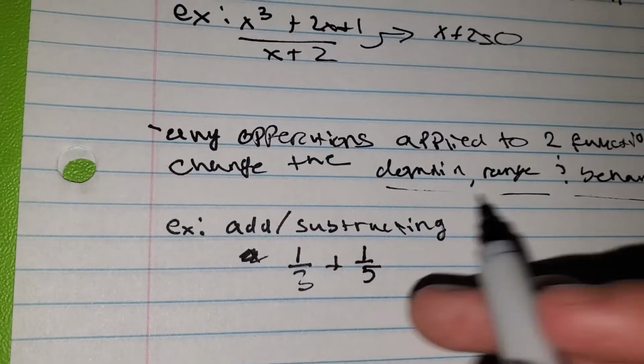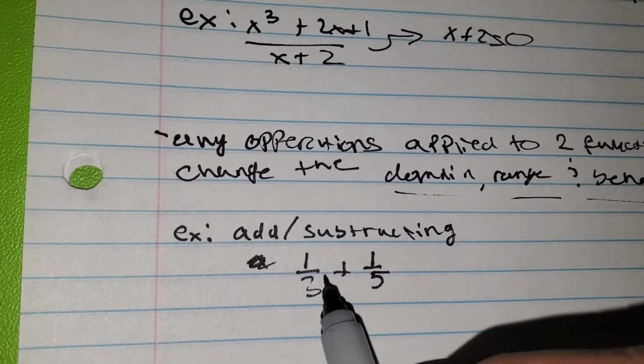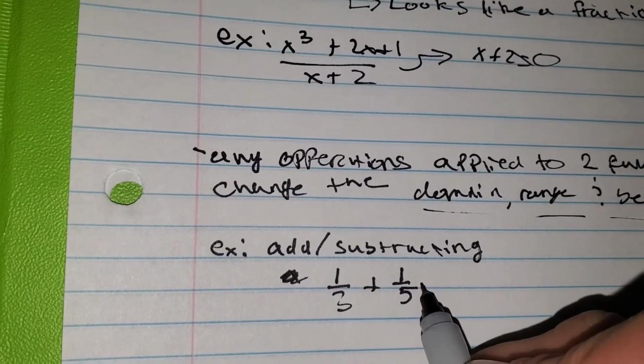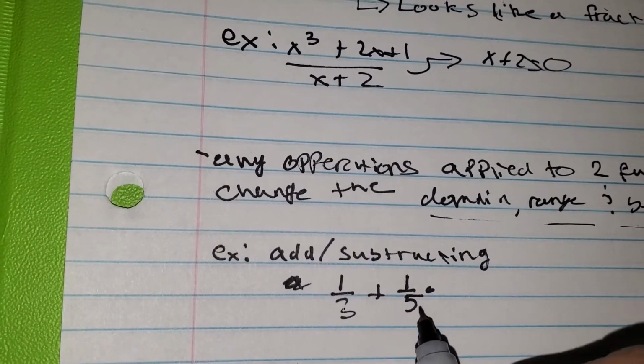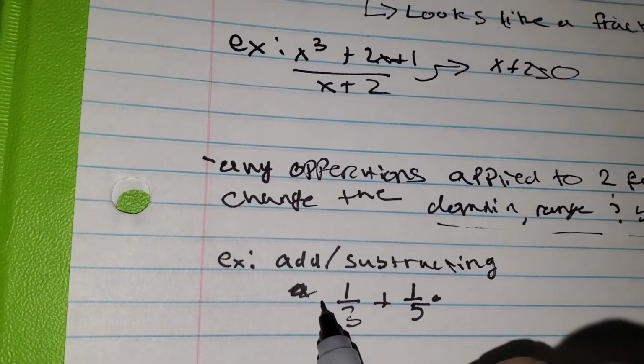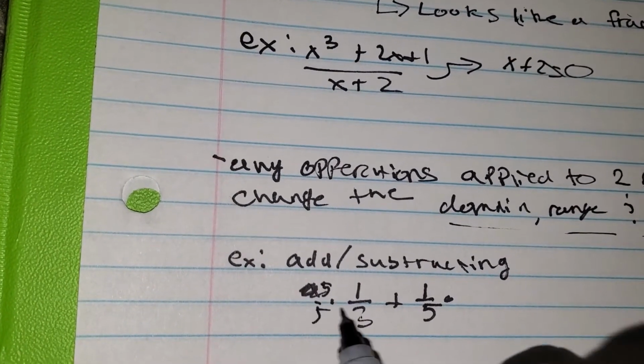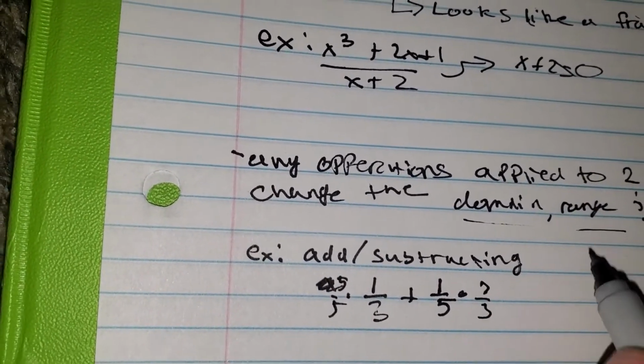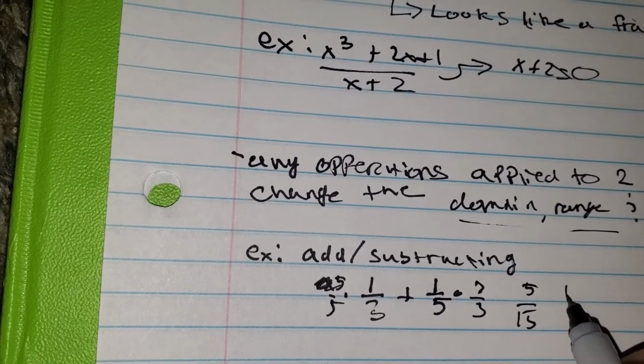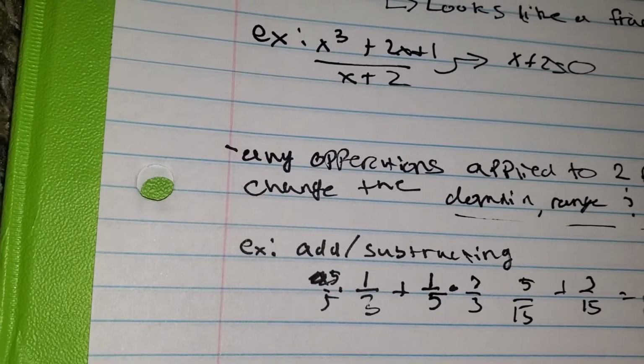Well, we need to have a common denominator. 1/3 plus 1/5: we multiply by the factors that they each need, so we multiply by 5 over 5 and 3 over 3. That gives us 5 over 15 plus 3 over 15, which gives us 8 over 15.